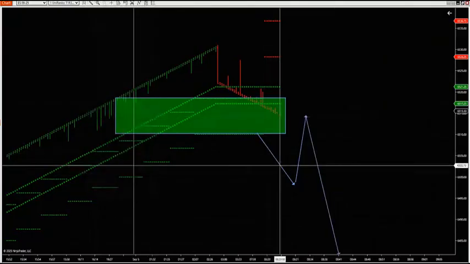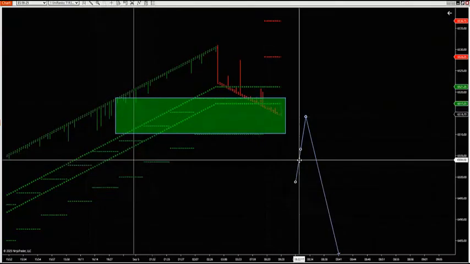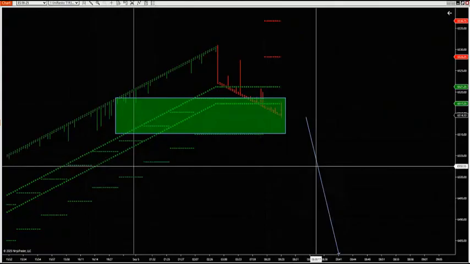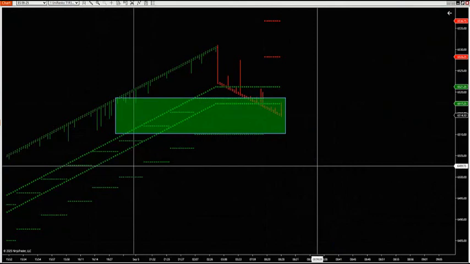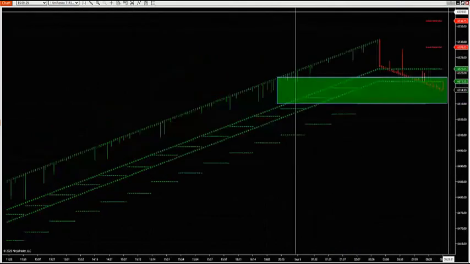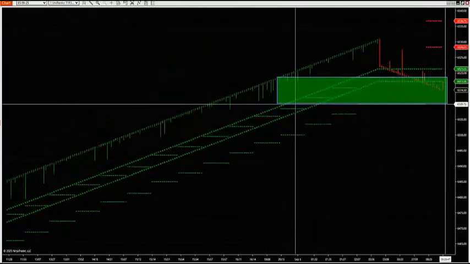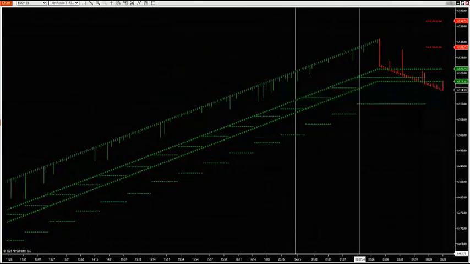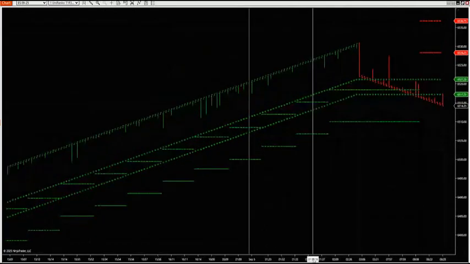All right, very simple. Very sophisticated algorithm, but very easy to see where the entries are possible on reversals in the zones. News comes out here in about 2 minutes for non-farm payrolls. It's going to be fast. Remember, fast at the open.